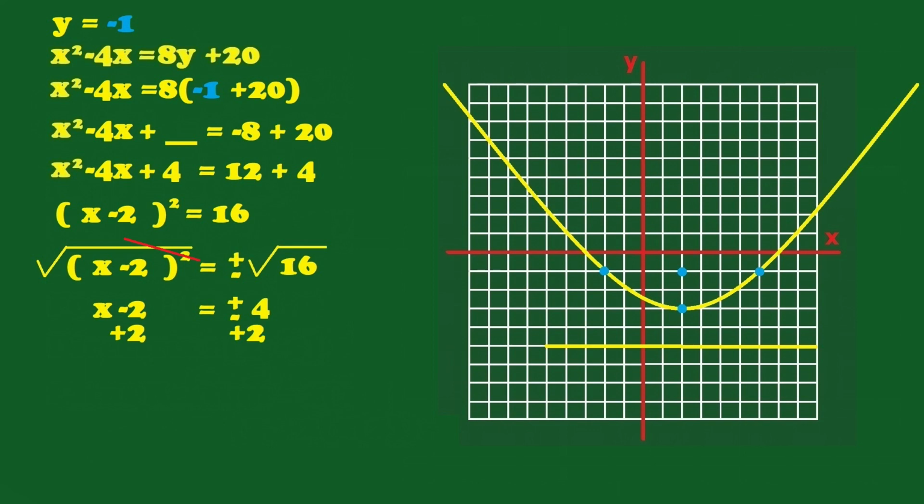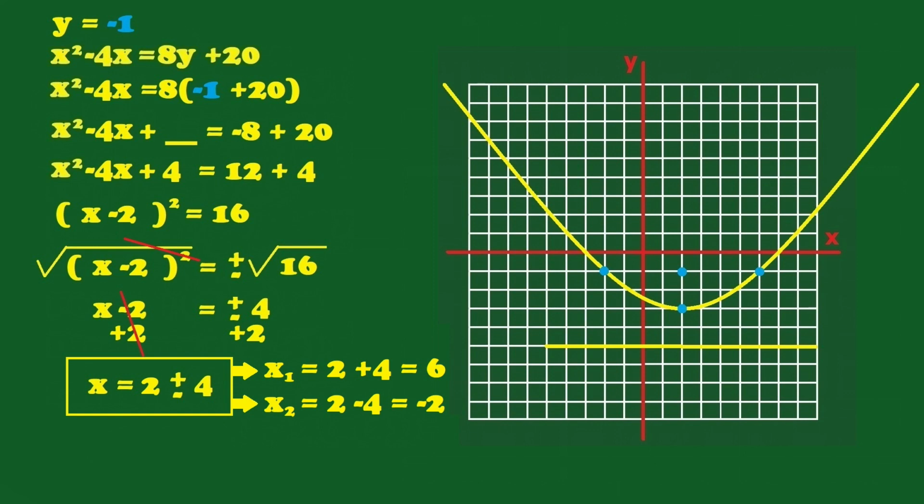We can now move -2 to the right by adding positive 2 to both sides. Now -2 is cancelled, and x remains. X is now equated to 2 plus or minus 4, and we can separate the plus and minus process. We now have two values for x: x1 is 6, and x2 is -2.